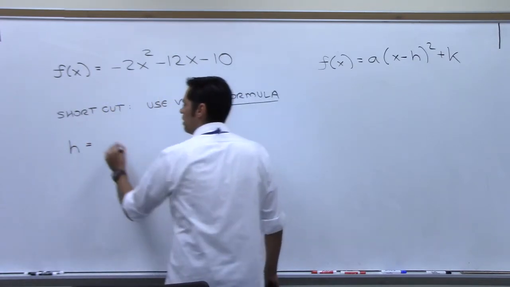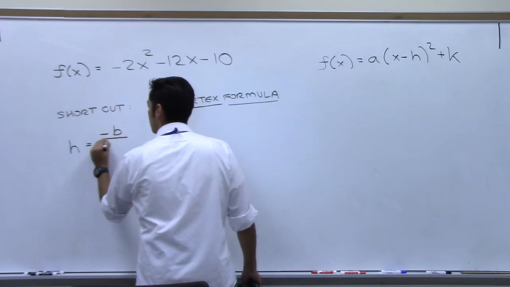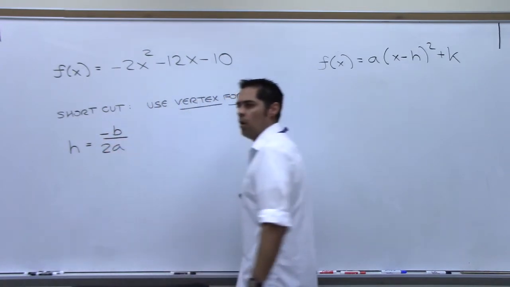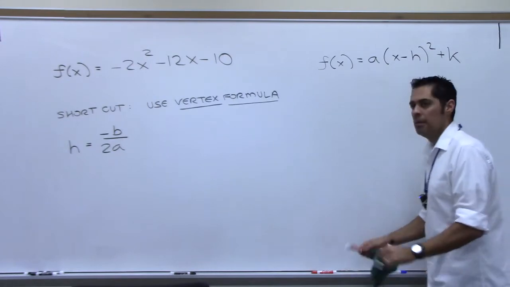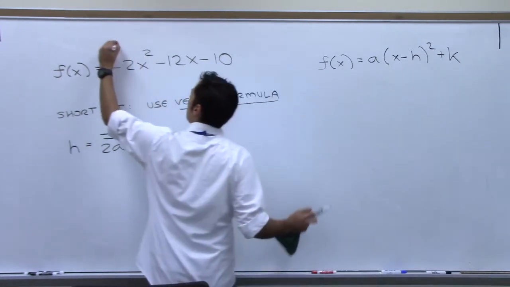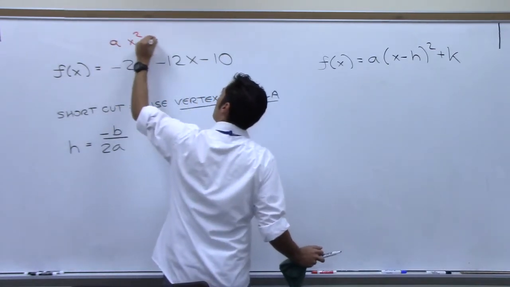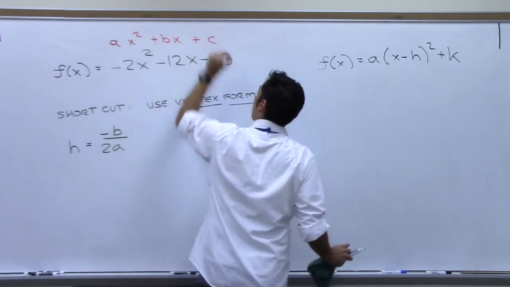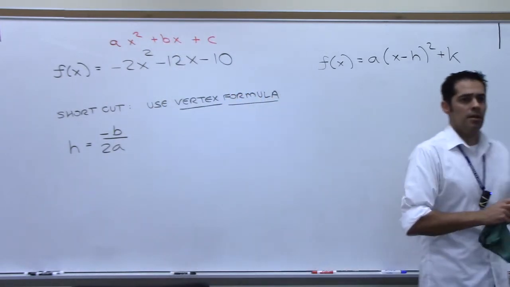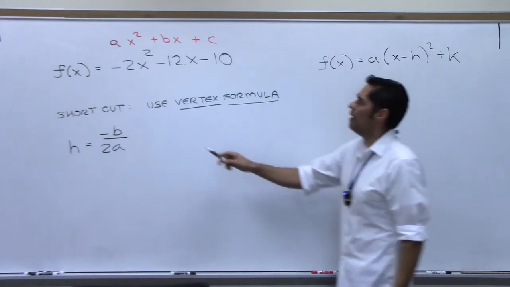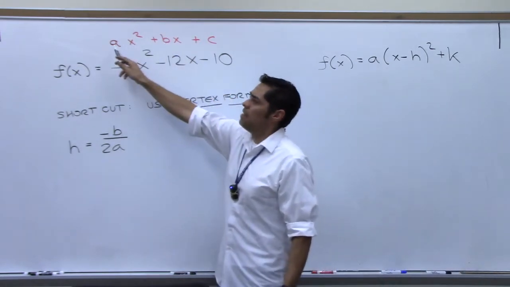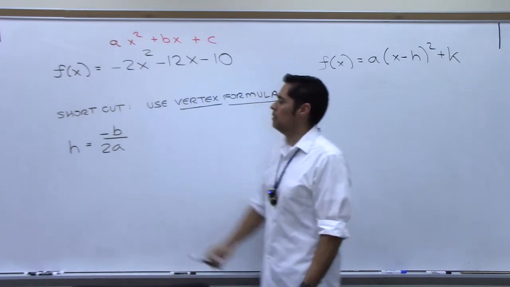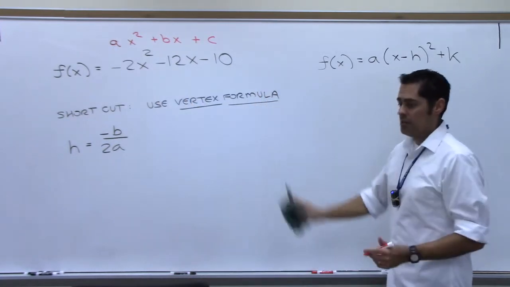H will always be negative b divided by 2a. Always. Negative b over 2a. Now remember, this is written in the form ax squared plus bx plus c, right? That's the form we have up there. So when I say negative b over 2a, I'm saying negative b over twice that number. That's what h is.